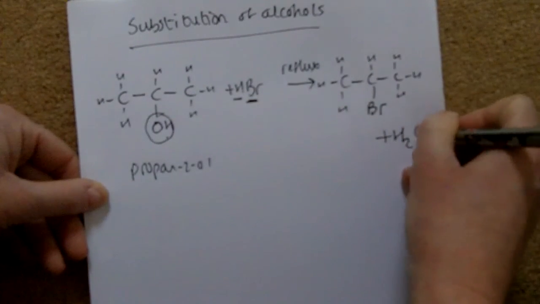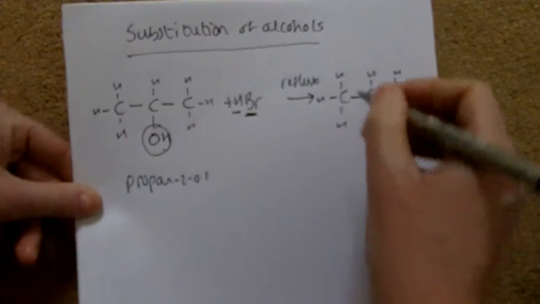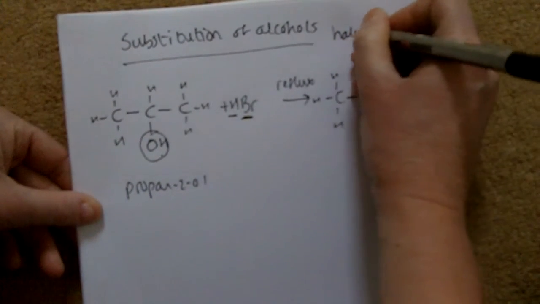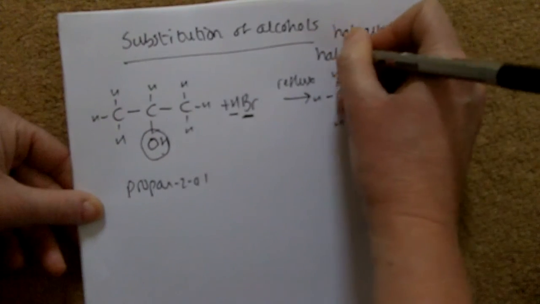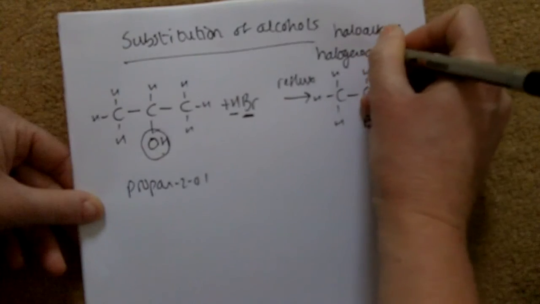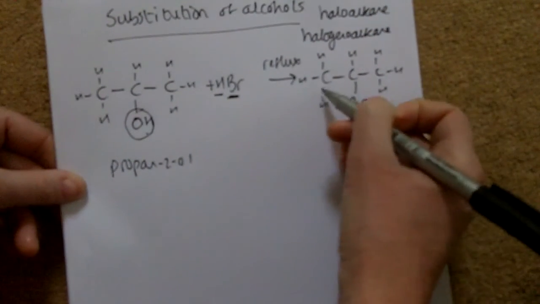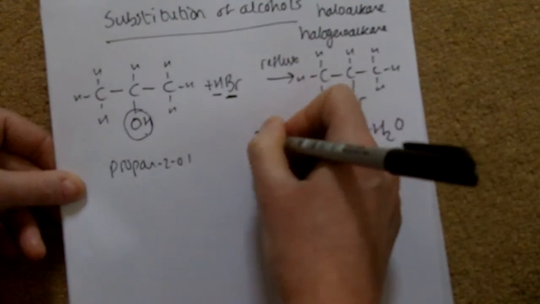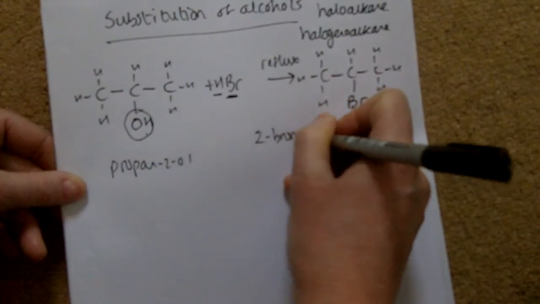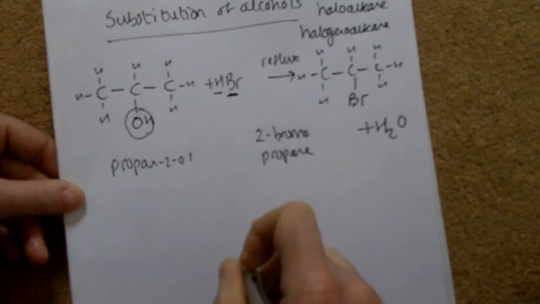Okay, and this is called a haloalkane. It can be called haloalkane. We used to call it halogenoalkane. It's a halogen and an alkane. Its actual name here is 2-bromopropane, and it's a substitution reaction, right?